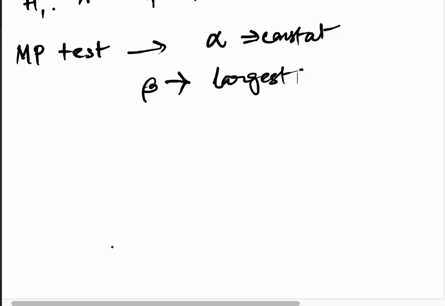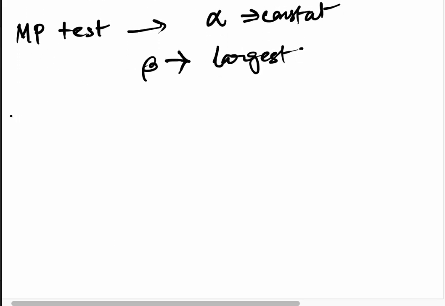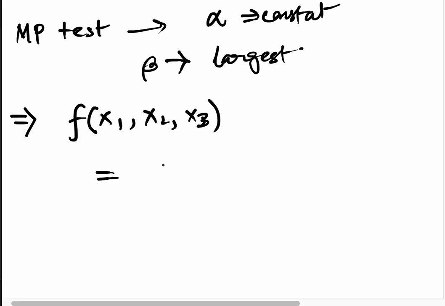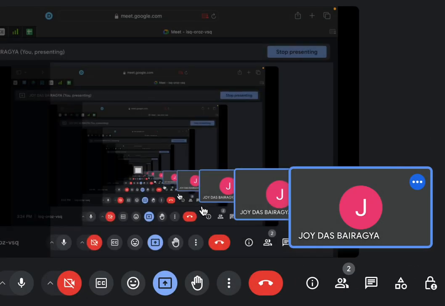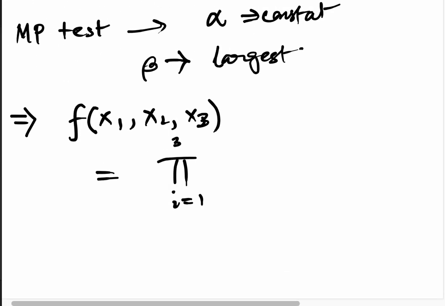So let's calculate. For that we have to know the joint distribution of these variables. Since they are independently distributed, the joint distribution of the 3 will be the product for i equal to 1 to 3 of lambda e to the power minus lambda xi.